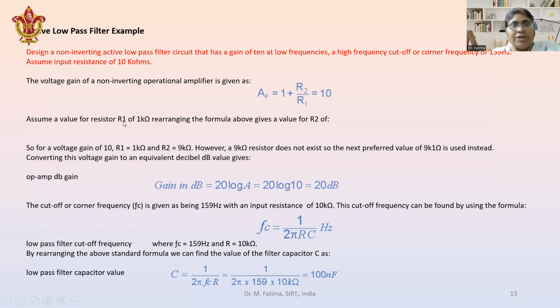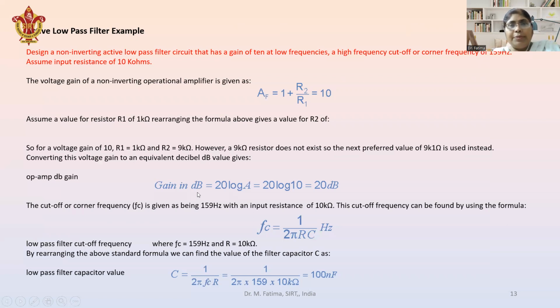So if I consider the value of R1 equal to 1 kilo ohm, then the value of R2 will be 9 kilo ohm. But it is not practical to take the value 9 kilo ohm. So instead of 9 kilo ohm, we can take 10 kilo ohm. So the R1 value becomes 1 kilo ohm and the R2 value becomes 10 kilo ohm, or you can say the RF value becomes 10 kilo ohm and R1 becomes 1 kilo ohm.